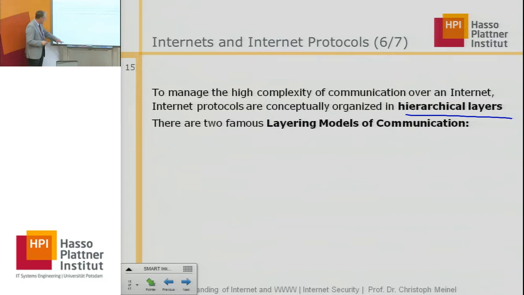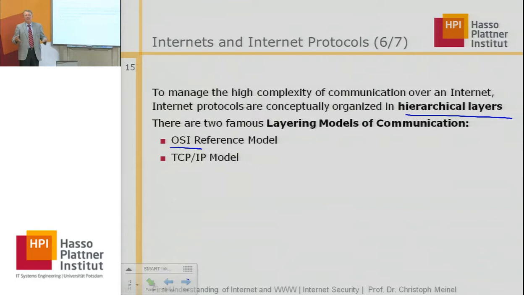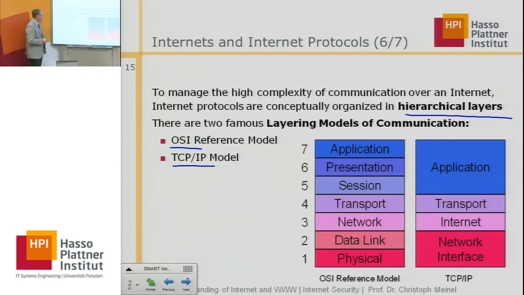There are 2 famous layering models for communication. The theoretical one is the OSI reference model, and what's important for us is the TCP/IP model, which is the model of the internet protocols. TCP and IP are perhaps the most important protocols in this suite of internet protocols, so the internet protocol stack got its name from these very important protocols.